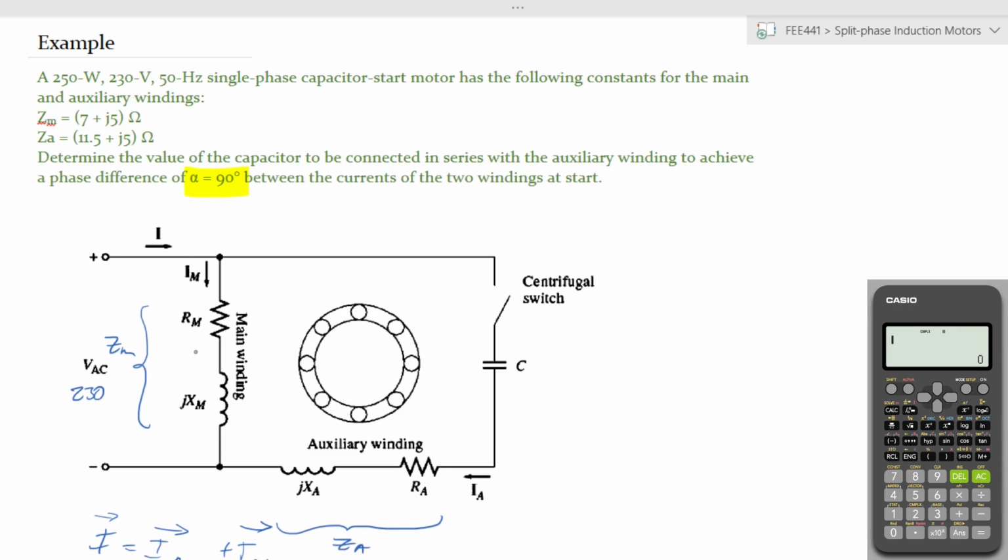So Rm is 7 ohms, Xm is 5 ohms. And for the auxiliary, we have 11.5 ohms as the resistance and 5 as the reactance. Now we don't know what the value of the capacitor is. That is what we are trying to find out.